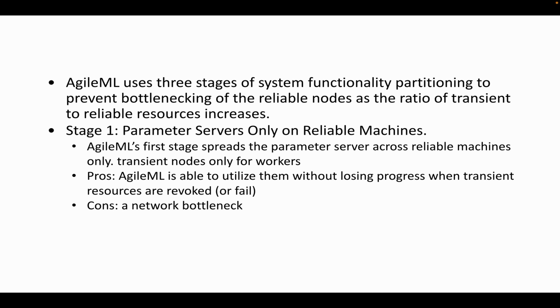Due to this, whenever a transient node is shut off or invoked, as they are not very reliable and are spot instances, they can be shut off during the machine learning training. In that case, this stage basically does not lose the progress, as transient resources do not have a parameter server.